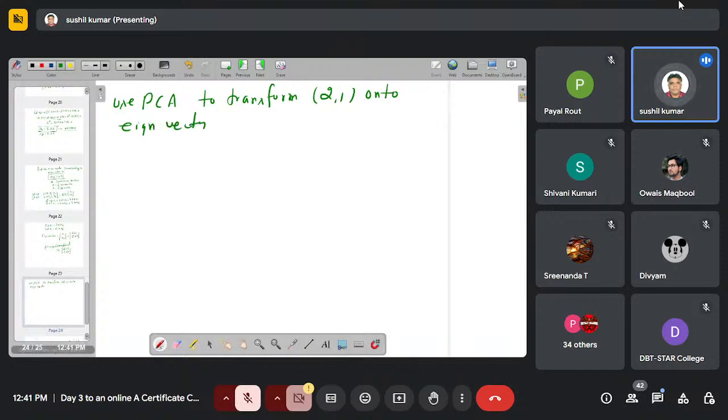So the formula here is, you can take the transpose of the eigenvector into the feature vector minus the mean vector.